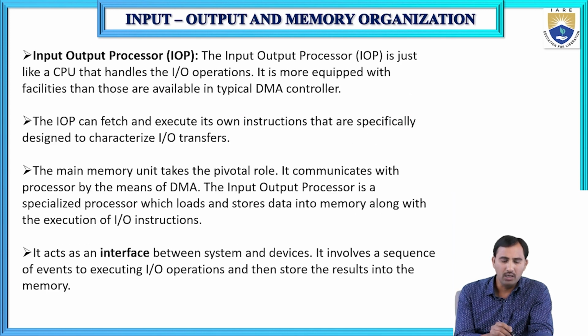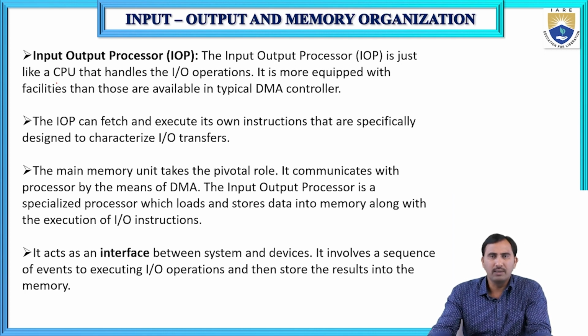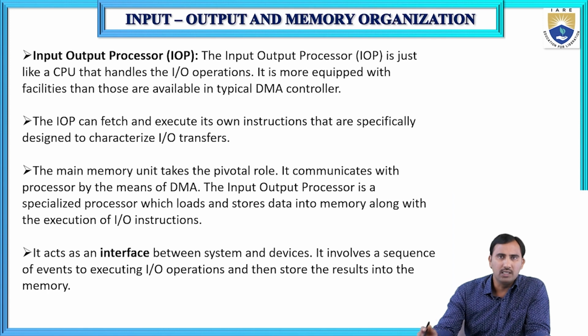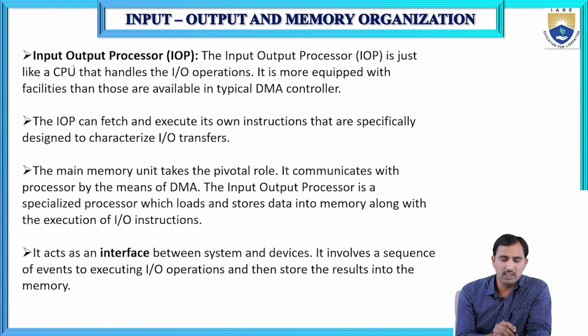And coming to the input or output processor. In a computer we have two types of processor. One is the general purpose processor, and another one is the input or output processor. The input or output processor performs the operations related to the input or output devices.